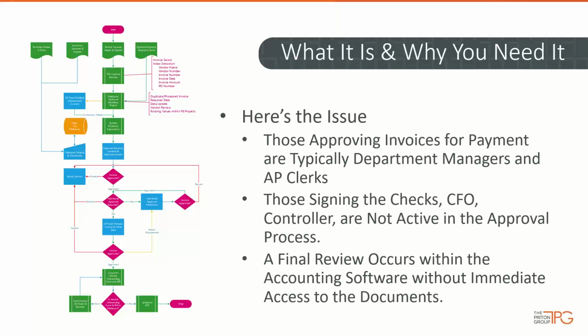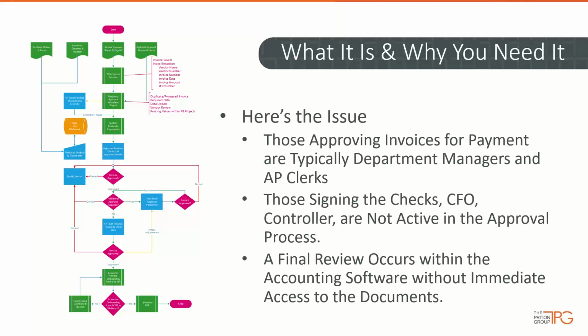So here's the issue that we see with this. The people who are typically approving an invoice are the department managers and the AP clerks. Now, their role is critical to the approval process, but they're not normally the people who sign the checks or approve the ACH. Typically, those people are going to do a final review before that payment is issued.